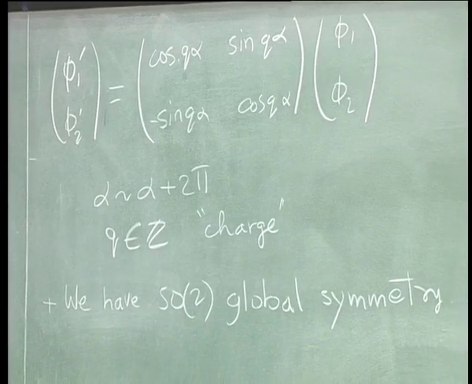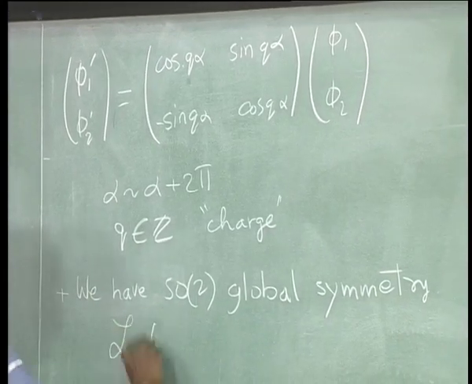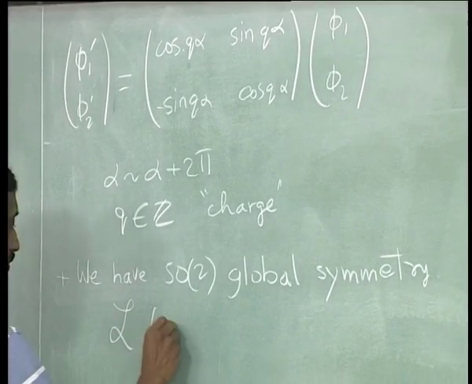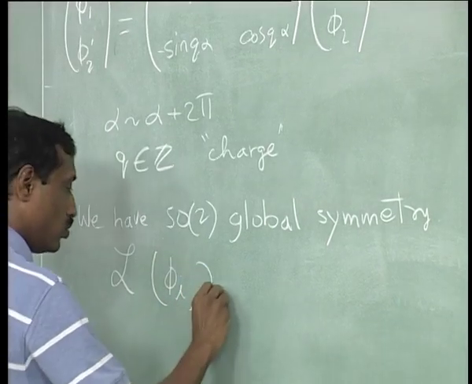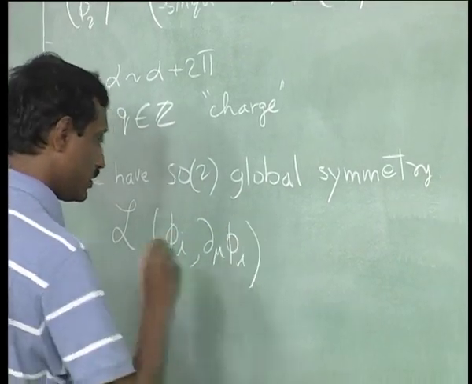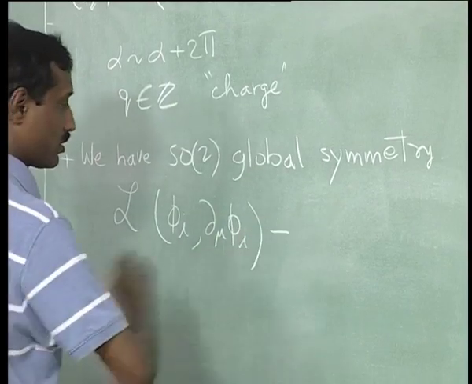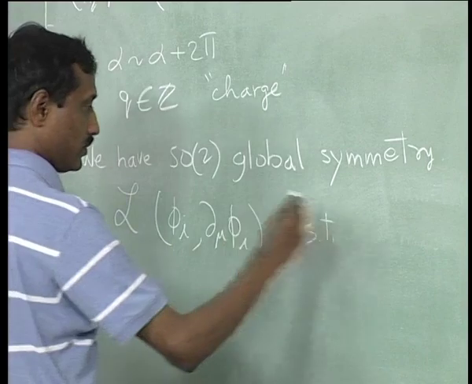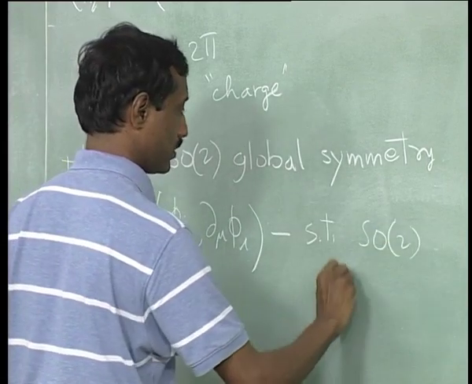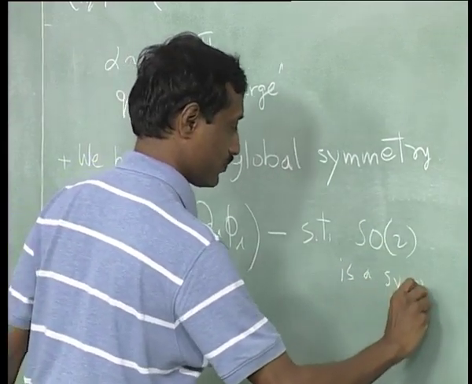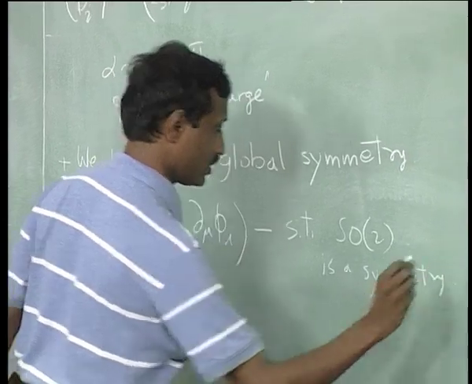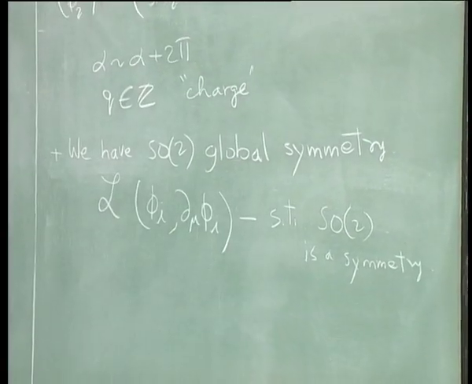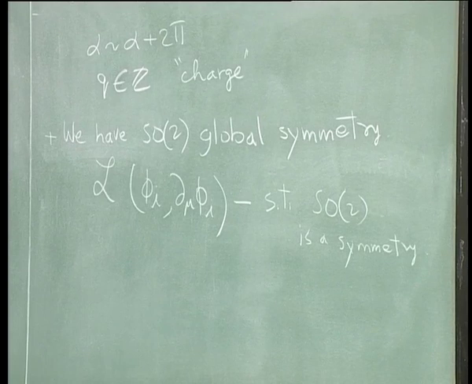Let us assume that we have some Lagrange density which is a function of phi I and d mu of phi I, such that SO2 is symmetric. By global I mean alpha is just a constant, it does not depend on space time.